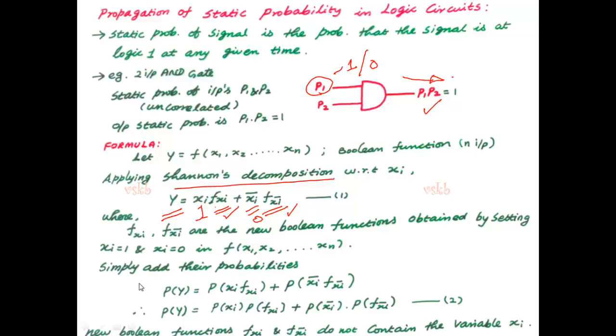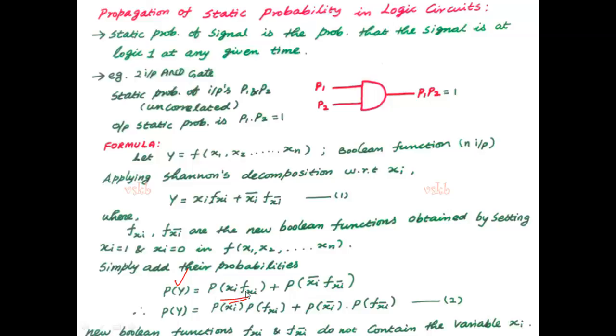Now if I go for finding the probability of the output, what would I get? The probability of the output y with respect to a particular input would be the probability of xi times f_xi plus the probability of xi bar times f_xi bar. And what is this?